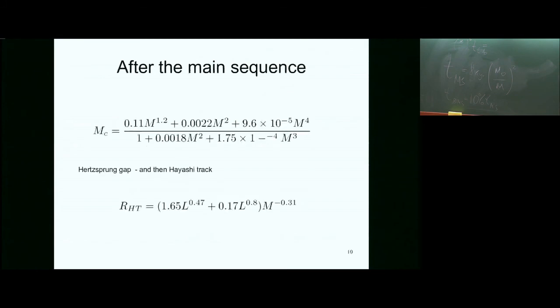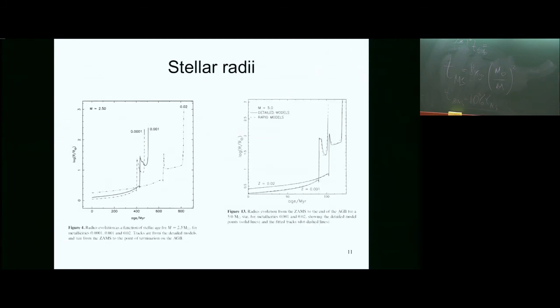So I talked about the stellar radii, and here you have the calculation of the stellar radii for two models of stars. This is a star with the mass of 2.5 solar masses. This is the logarithm of the radius of the star as a function of time for 3 different metallicities.